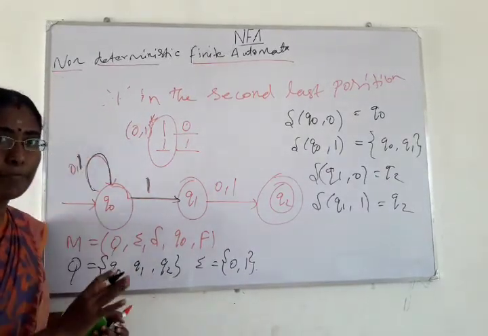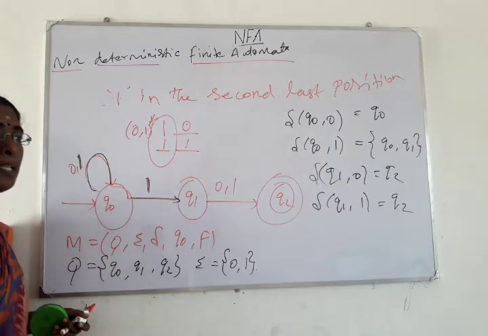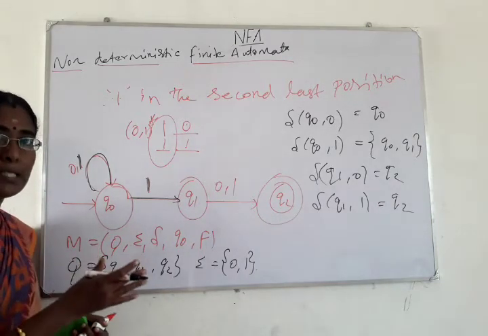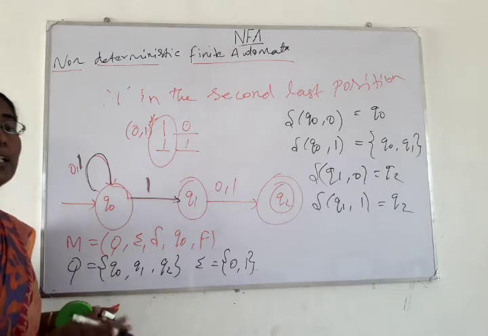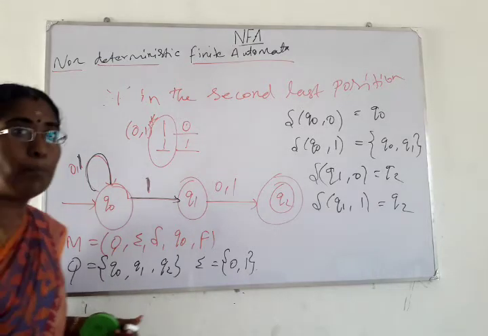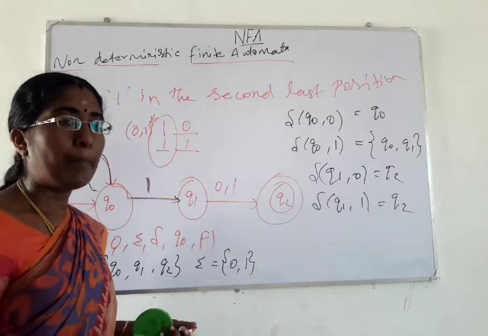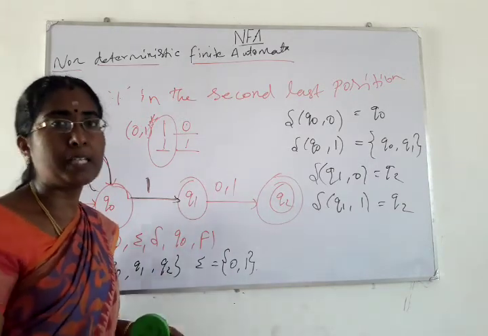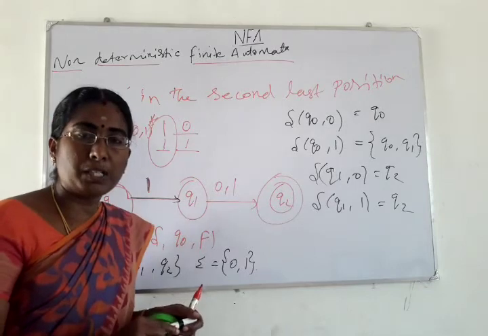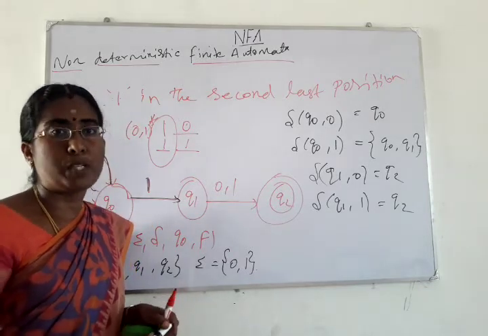This is an NFA, right? And what are the major differences? The number of states present in an NFA is always less than in a DFA. A DFA is having exponentially more states than the NFA. The major differences between DFA and NFA are, first, the transition function, and second, the number of states.